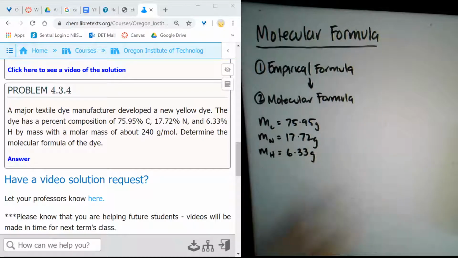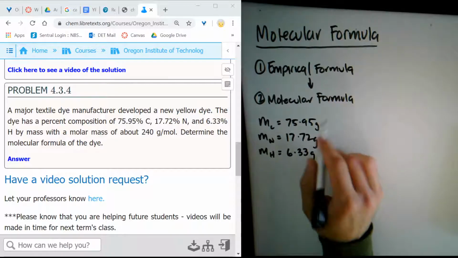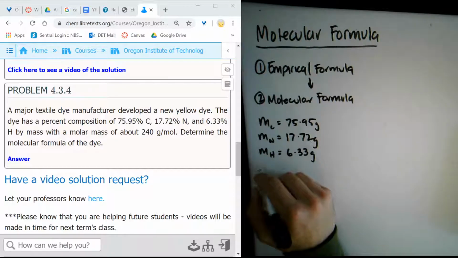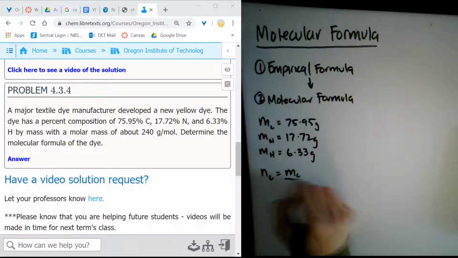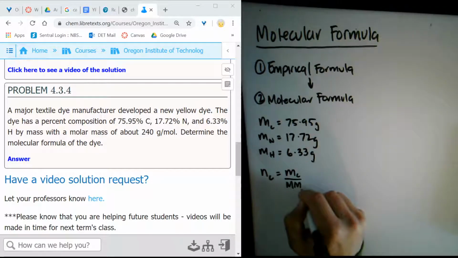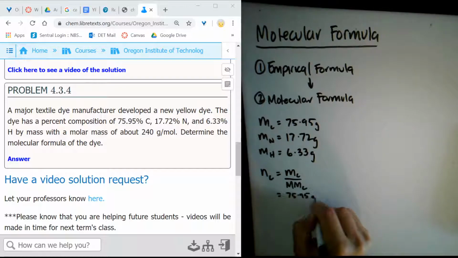All right, what we can do now is work out the empirical formula by calculating the number of moles of these things. So let's do that. The number of moles of carbon is equal to the mass of carbon over the molar mass of carbon, which is equal to 75.95 grams divided by 12.01 grams per mole.